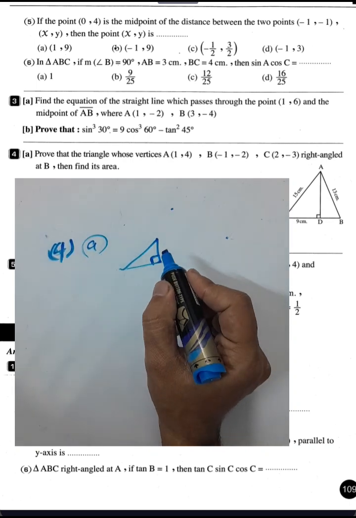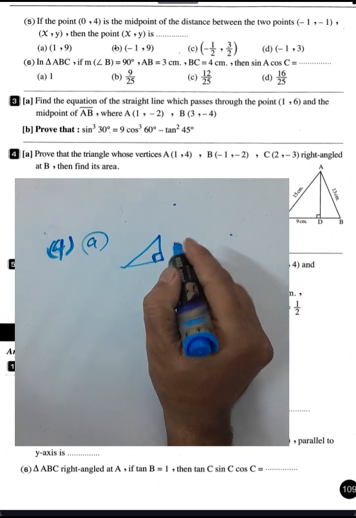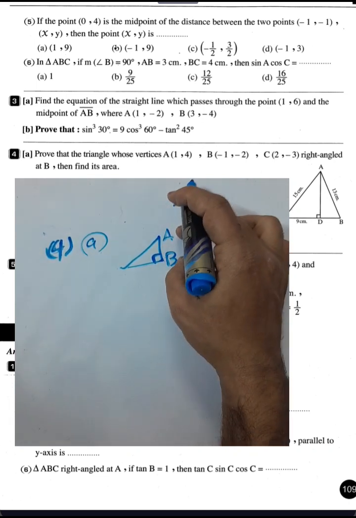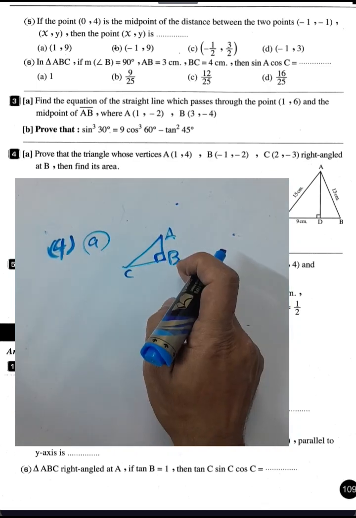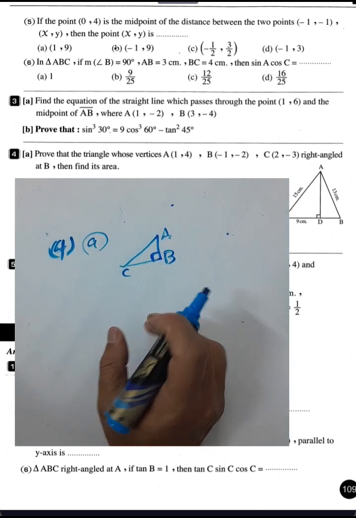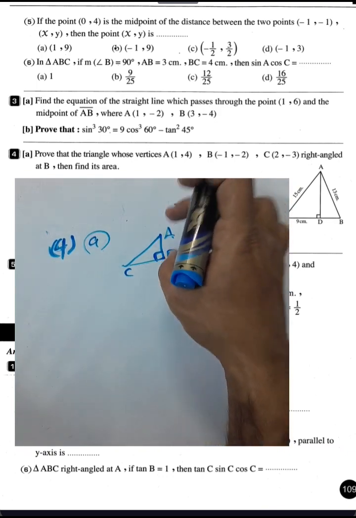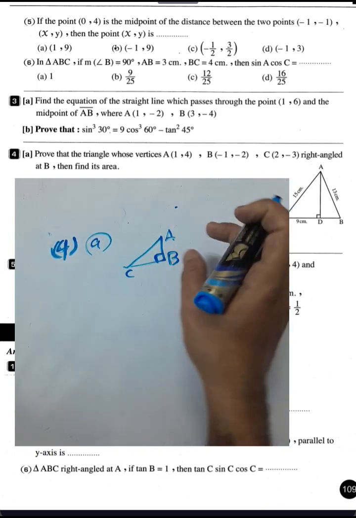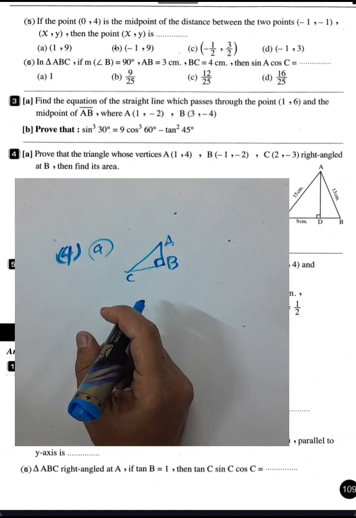First method, find the slope of AB and the slope of BC, and the product between them equals -1. Then AB is perpendicular to BC, so the triangle is a right angle triangle. Or you can find CA power 2, CB power 2, and AB power 2, and prove that CA power 2 equals AB power 2 plus CB power 2, as you like. What is the easy method? The easy method is to find the slope.